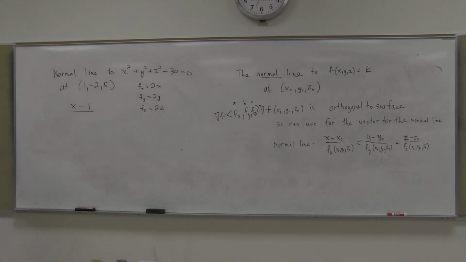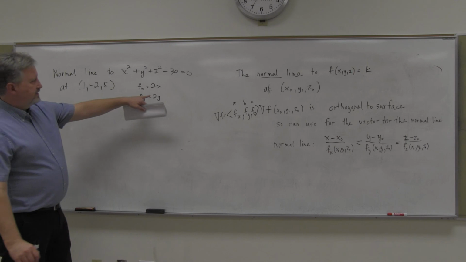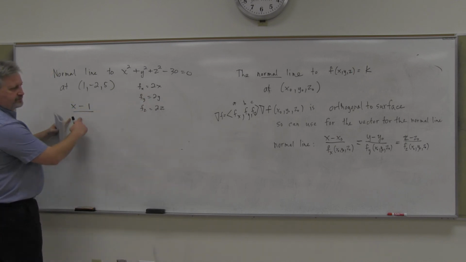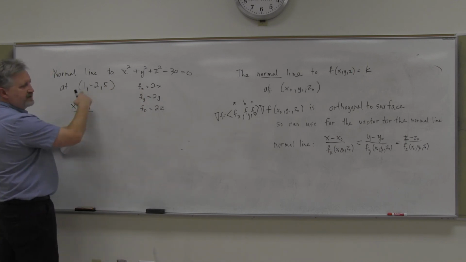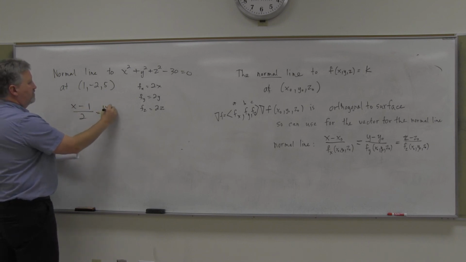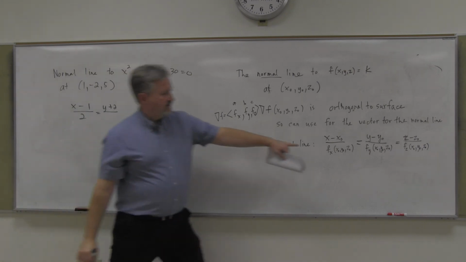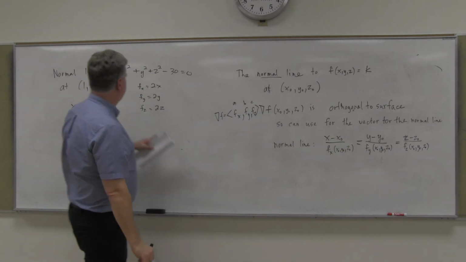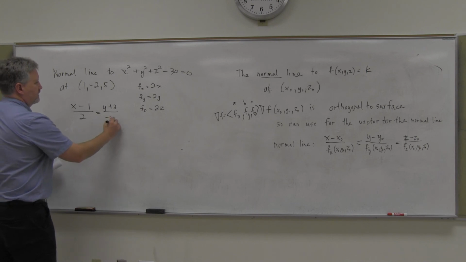Partial derivatives. So now I want to evaluate, so what goes here is the partial of f with respect to x evaluated at that point, so that'd just be 2. Y minus y0, so it'll be y plus 2 over the partial of f with respect to y evaluated at the point, so that was negative 4.